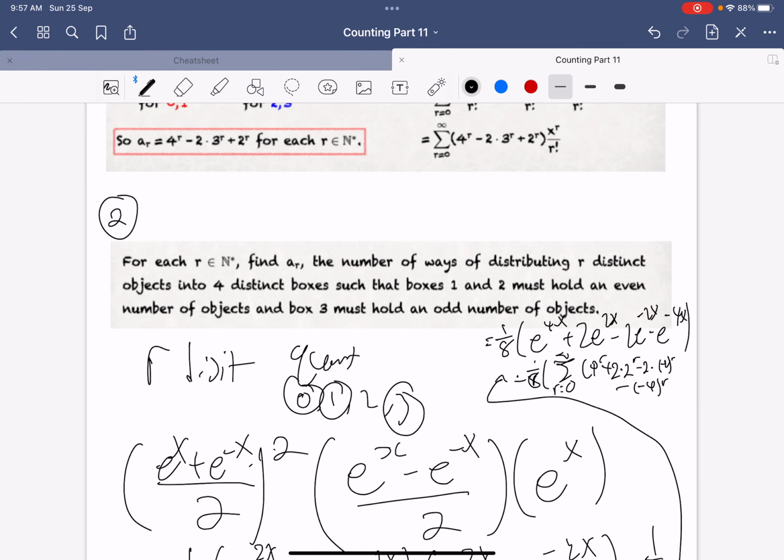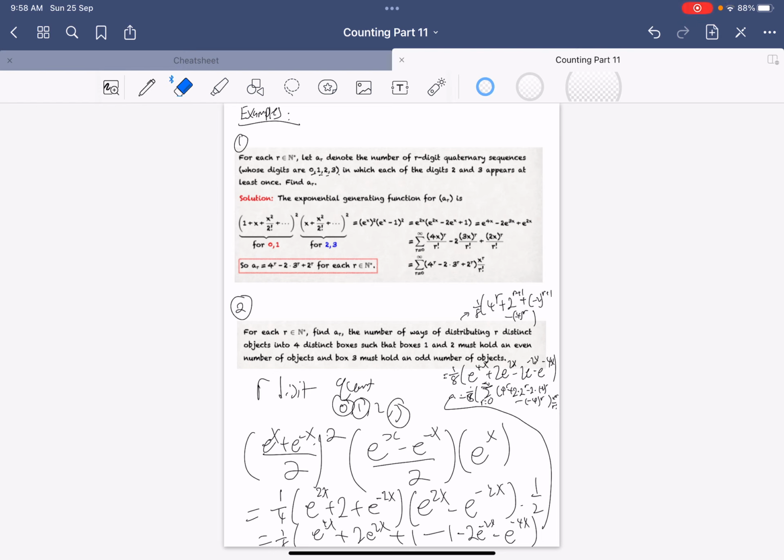And you can see how we have used exponential generating function to make our conditions easier to visualize and solve. And so you can use exponential generating function to model ordered arrangements.